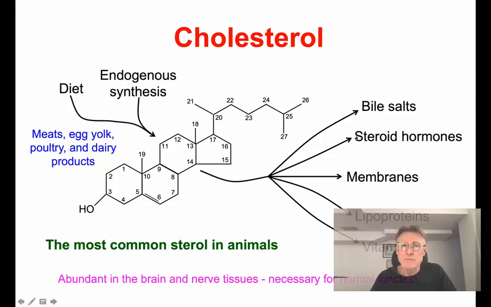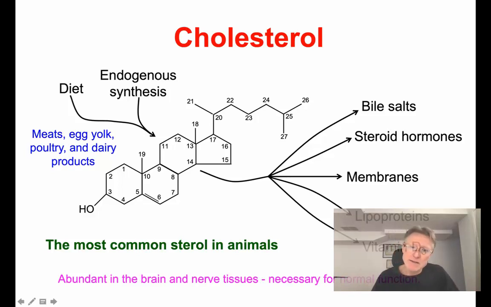These are all derived from cholesterol. Cell membranes: you have in the cell membrane molecules of cholesterol that are localized within specific sites, specific niches within the membrane. You also have lipoproteins, and we are going to discuss them in detail, but lipoproteins are the molecules that transport lipids in your blood. So you have cholesterol there also.